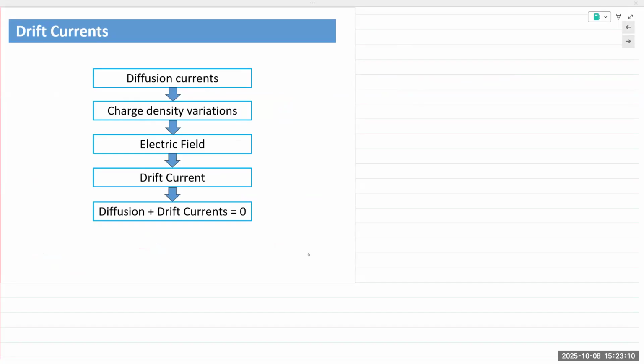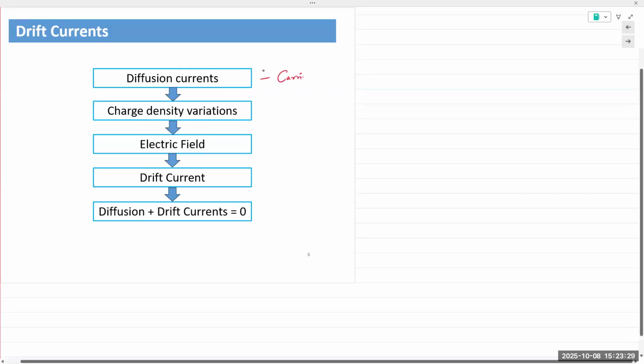You have acceptor atoms on the other side, so you have holes, or excess of holes. And then when you have both of them in close contact, it forms a junction. Because of the disparity in the doping and the presence of the charge carriers, a diffusion current is established. A diffusion current, again, is established due to the carrier concentration gradients.